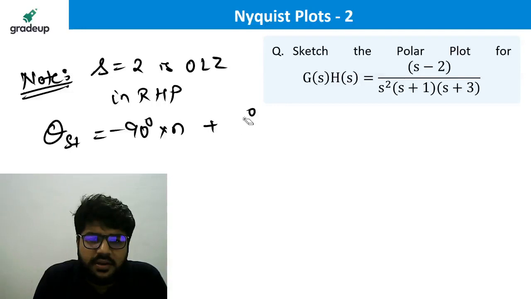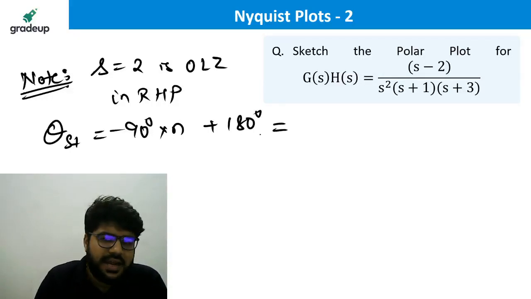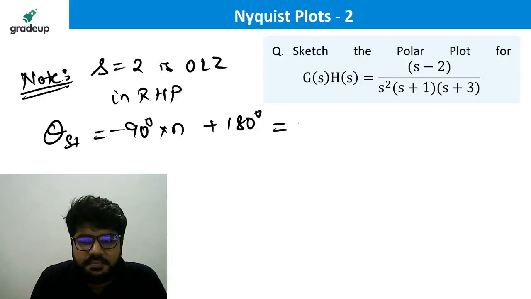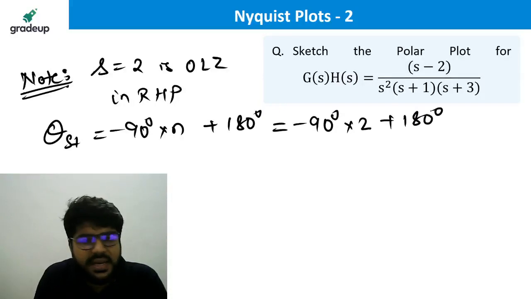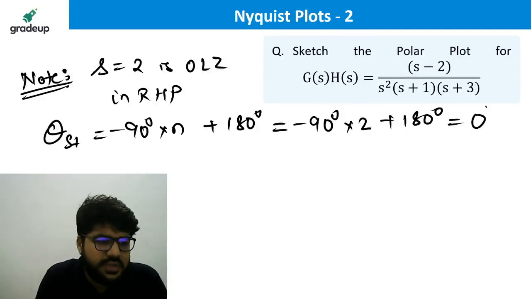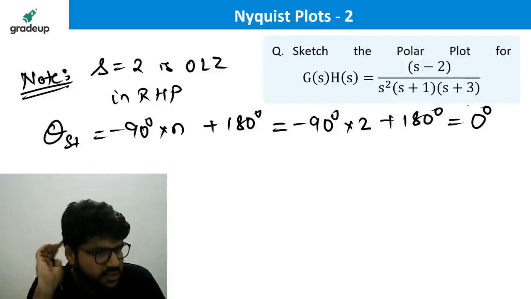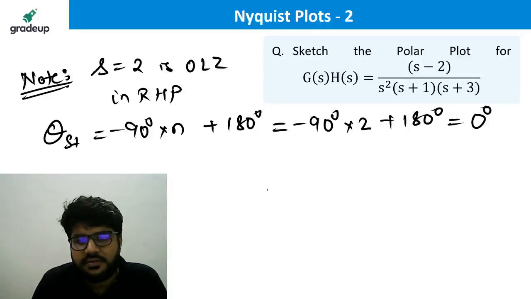That is minus 90 degree into 2 plus 180 degree, and that is actually 0 degree.